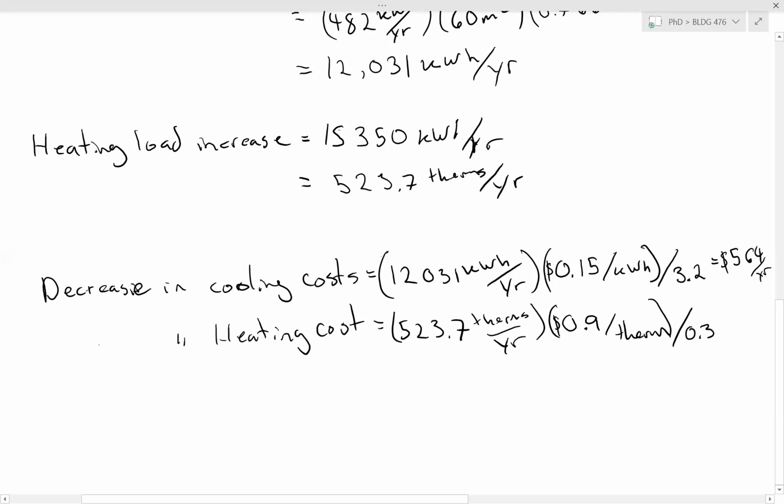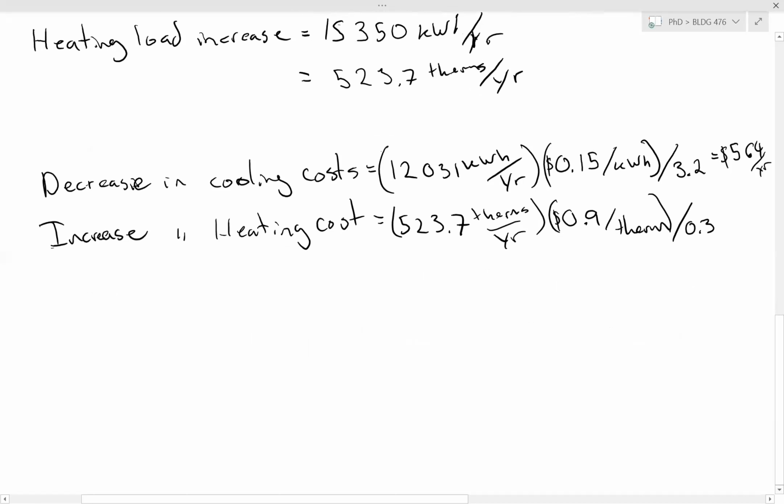Yes, someone mentioned in the chat, Xavier, it's an increase. Thank you. And this gives us $524 per year. So you'll see right away that our heating and our cooling savings are pretty similar.